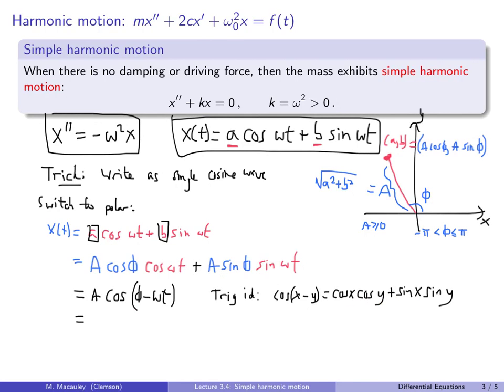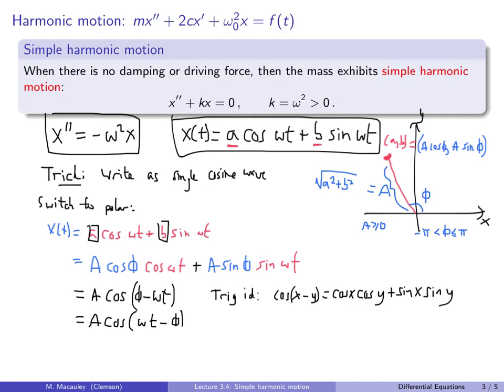So let's simplify this. Recall that cosine of negative x is equal to cosine of x. Remember that from a couple lectures ago? So this is equal to A cosine of omega t minus phi, right?